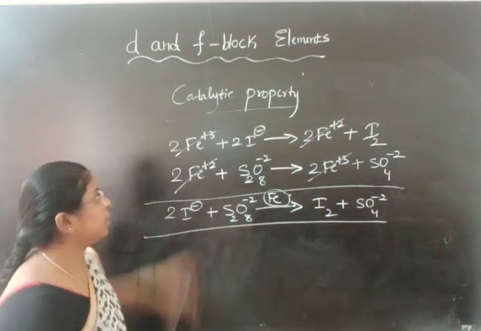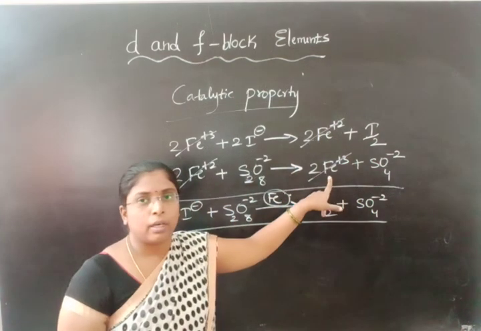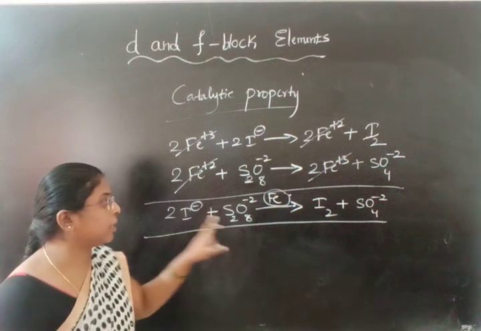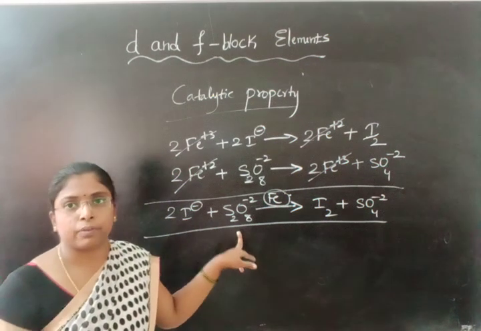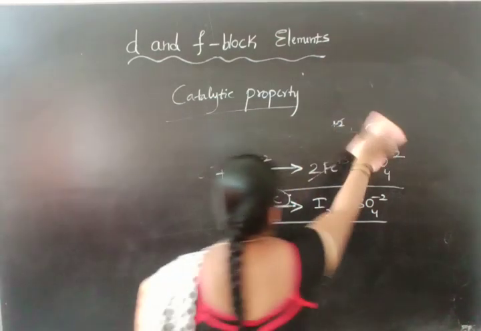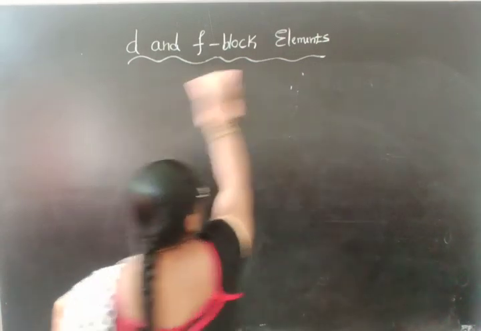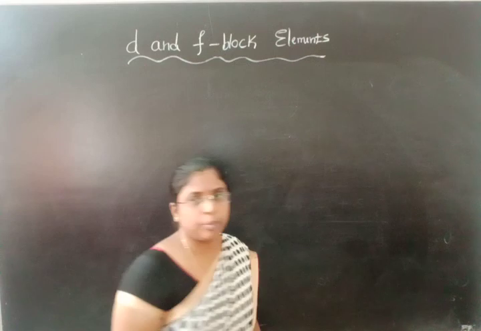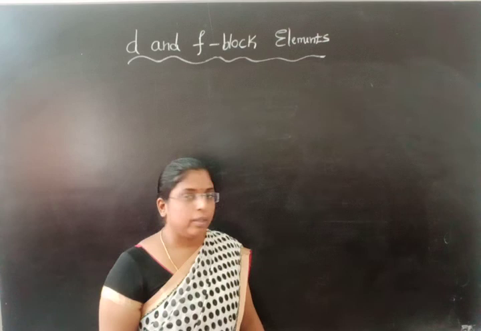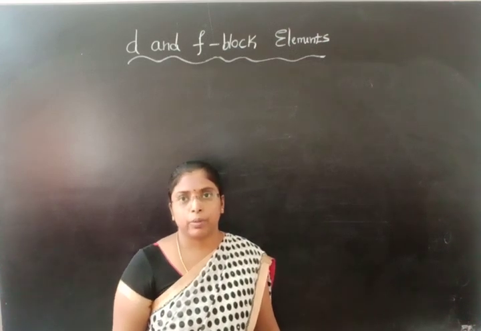In this way, because of its variable oxidation state, iron acts as a good catalyst in the reaction of iodide with peroxodisulfate. Why does it act as a good catalyst? One is because of its large surface area and second is because it has variable oxidation state. This is very important in the exam, in the theory part as well as in the competitive part, they ask.